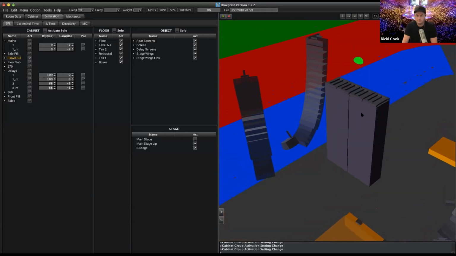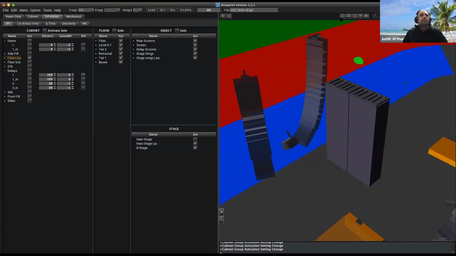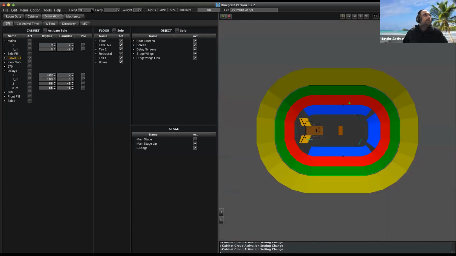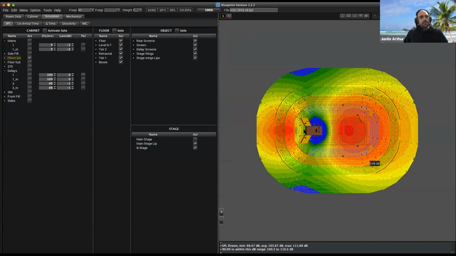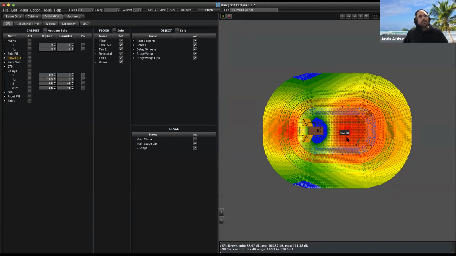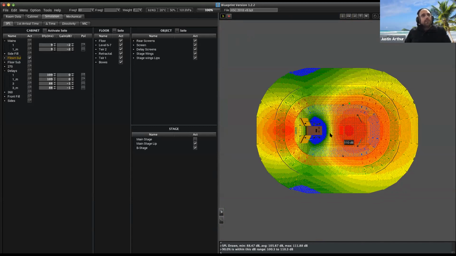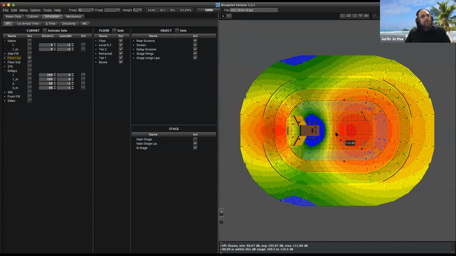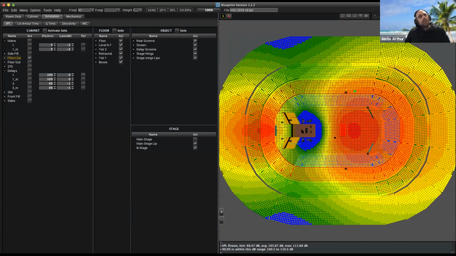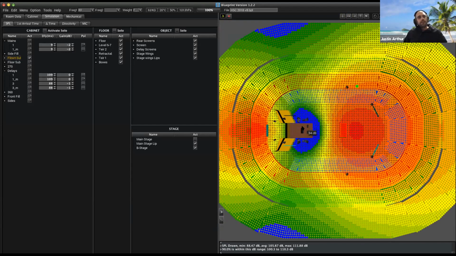You can see here that's the prediction of the 4 wide there, and then if we do this. So again, this is the one source. Now the interesting thing I had here: when we were using the double 18 subs, I had a center one 8 deep and then 2 on an angle like this, which gave a slightly better SPL over here.